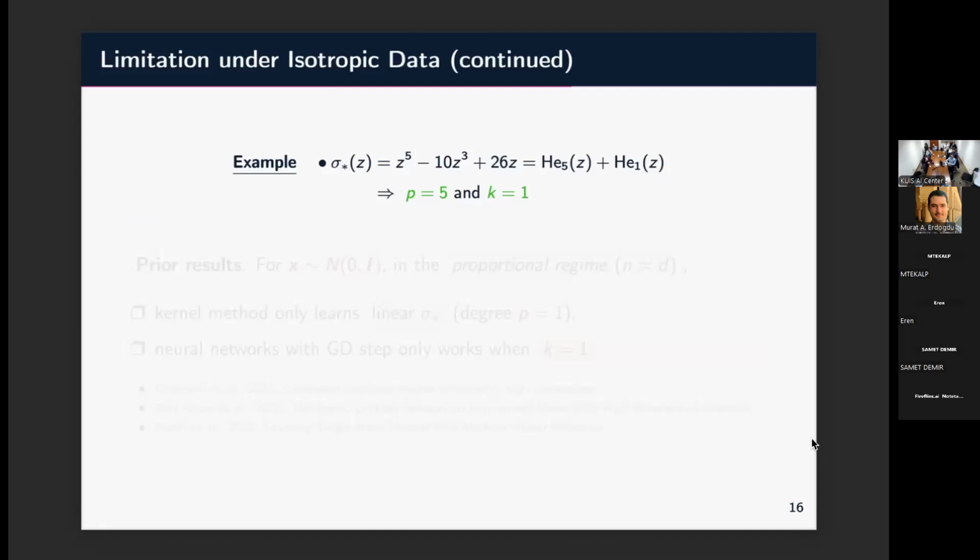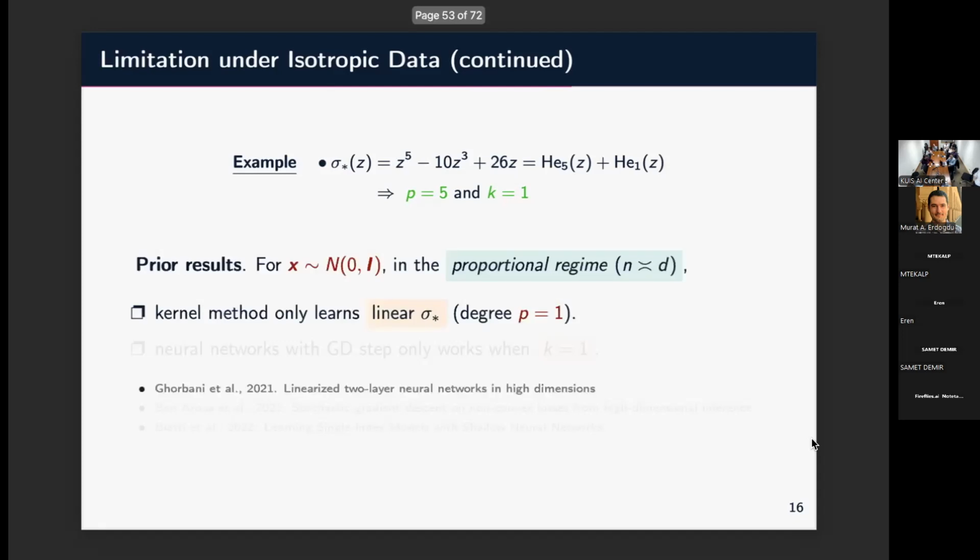So it's a degree 5 polynomial with information exponent 1. The only thing you need to remember about this definition is that the information exponent is always smaller than or equal to the polynomial order. So p is greater than or equal to k. That's the only thing to keep in mind.